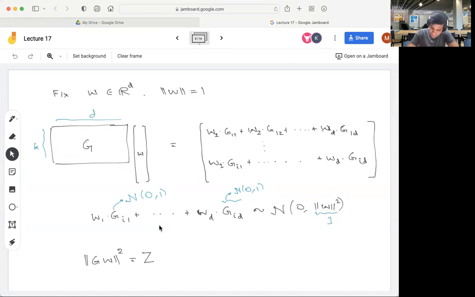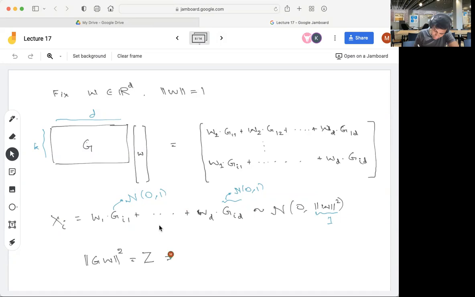And this is convenient, and in fact, it's a very useful property of Gaussians, this kind of linear combination. We can start with some crazy linear combinations, but once it becomes a Gaussian, we can forget about how we got to this linear combination and just study a Gaussian variable. So let's call this xi, which is the ith entry of the vector G times w. And now let's look at the norm of this vector G times w, which is the quantity we are really interested in studying.